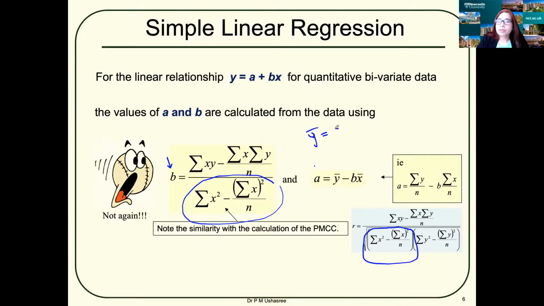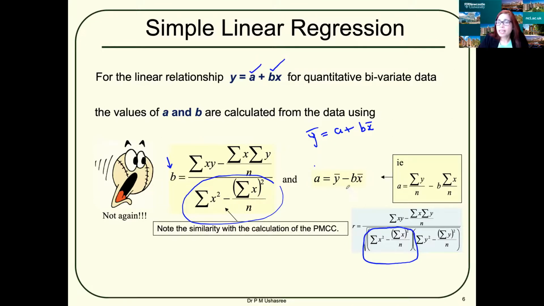So y bar is equal to a plus b x bar. x bar is the mean of the weight of the adults. So if you know how to calculate a and b, then you get the line of best fit.